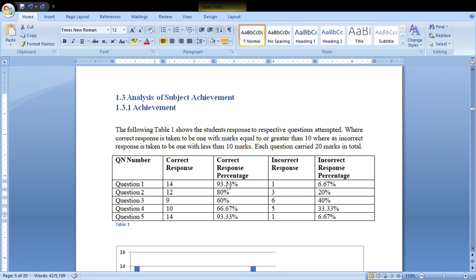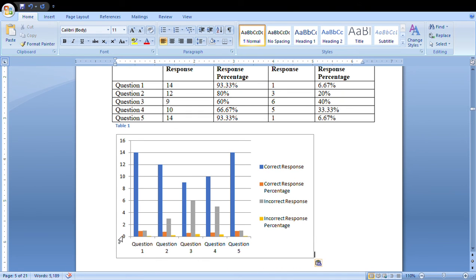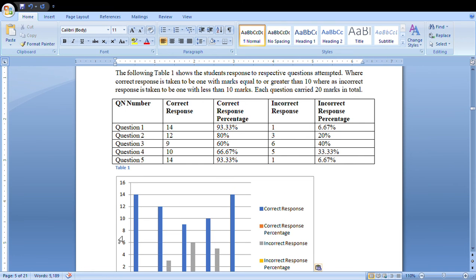And the same applies for question 2, 3, 4, and 5. So here we have our graph. So what we can do, we can just copy this graph right here on the chart area, and we will paste it over here, and there we are. That is our graph for this data.